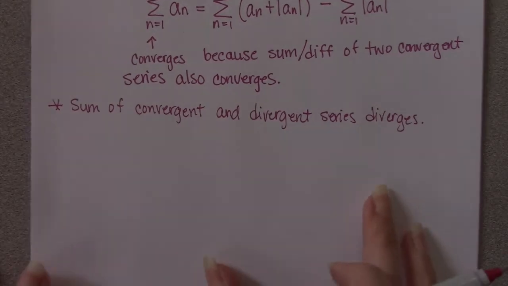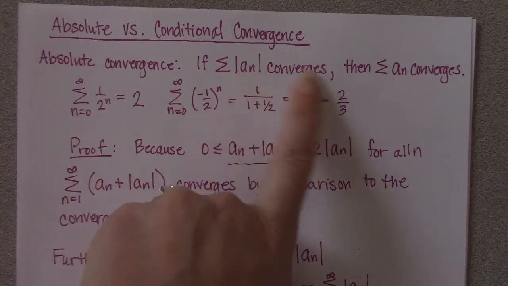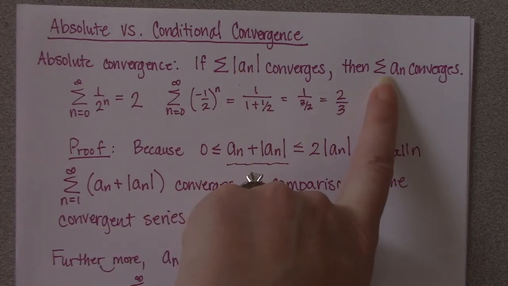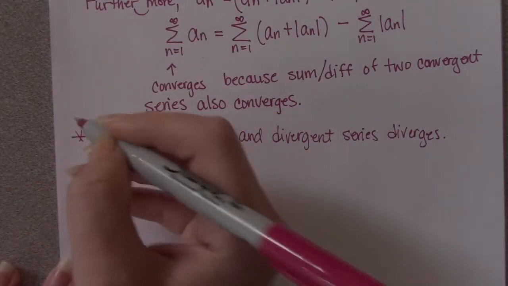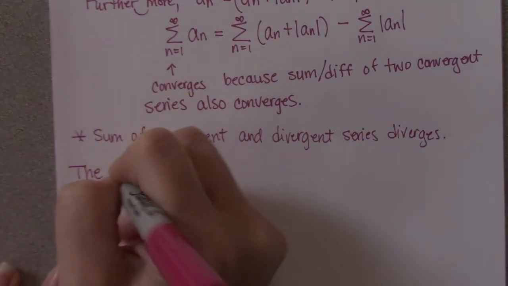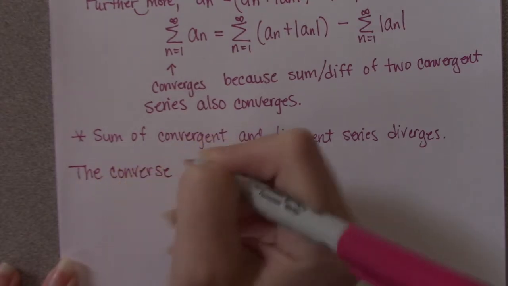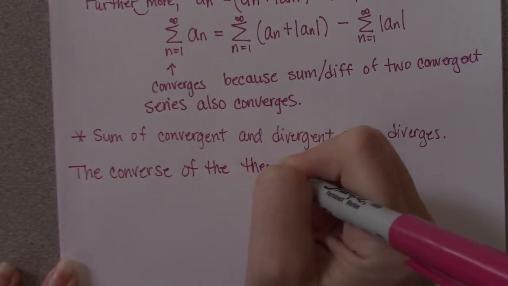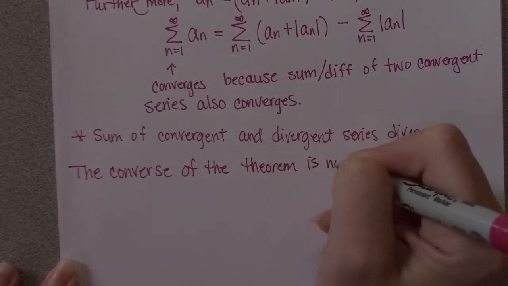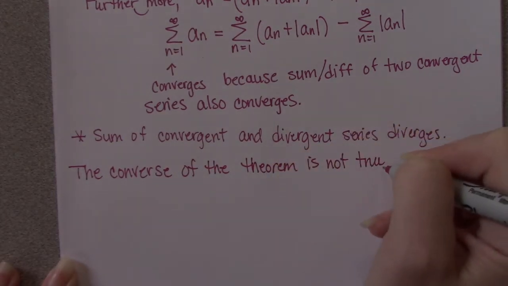All right. One last thing I want to mention. The theorem says, if you take all the positive terms and they converge, then the original series converges. However, the converse of the theorem is not true.